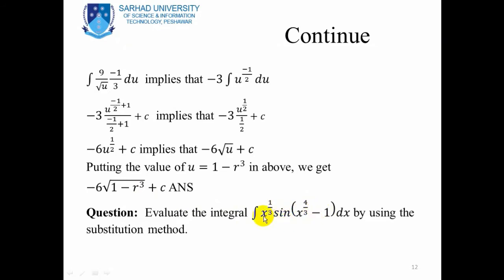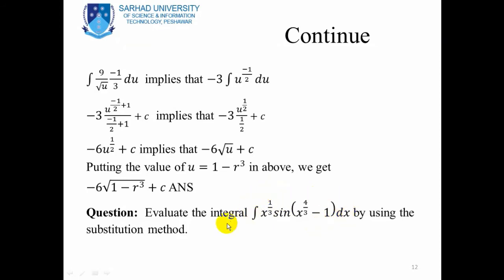If we suppose x power 1 over 3 is equal to u, then after taking the derivative with respect to x, we cannot get these terms in terms of u. So if we suppose x power 4 by 3 minus 1 as a new function u, then after taking the derivative with respect to x, we will obtain the other remaining parts in terms of u, and dx will be converted into du.